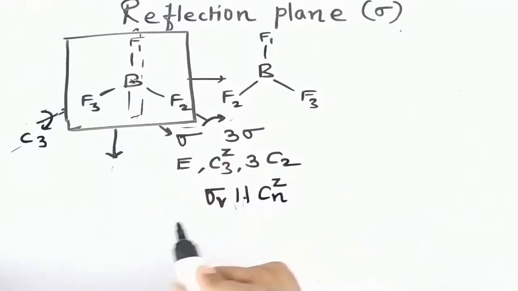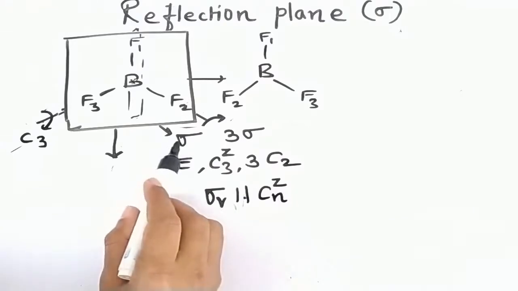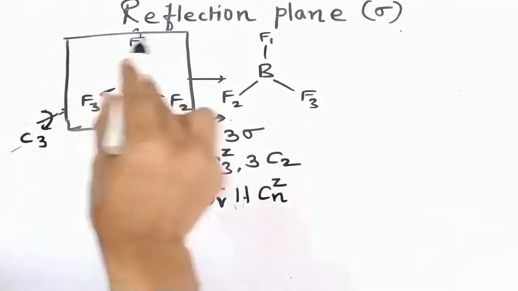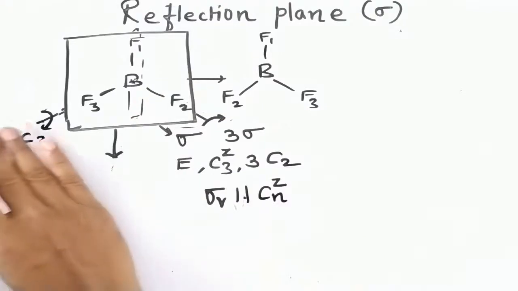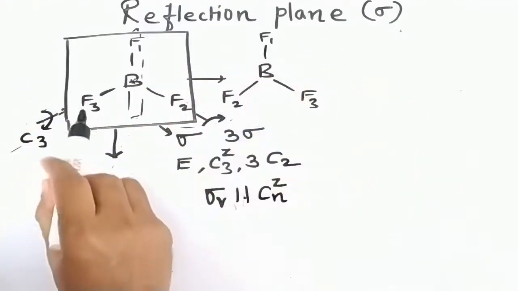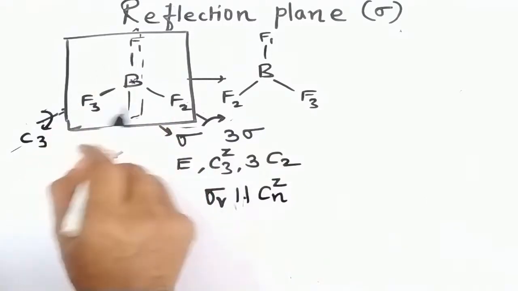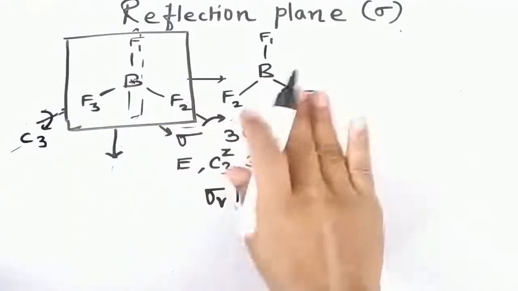The other type of plane which we have learned is the molecular plane, which passes through all the atoms, that is F1, F2, F3 and boron.